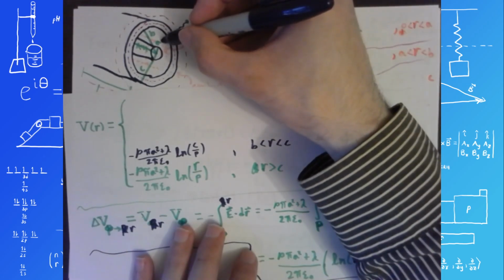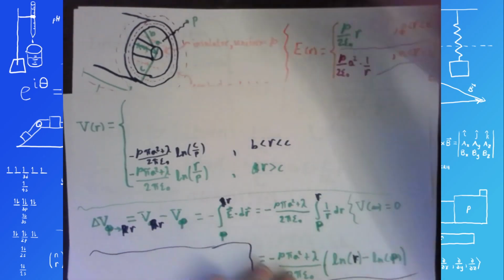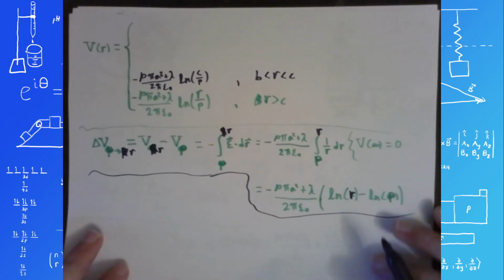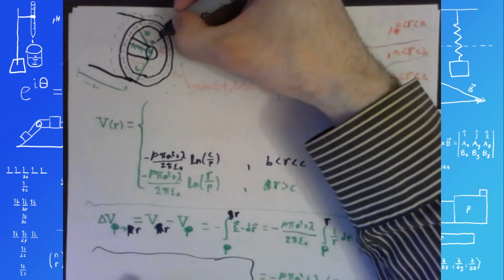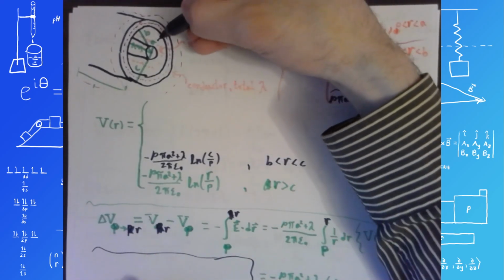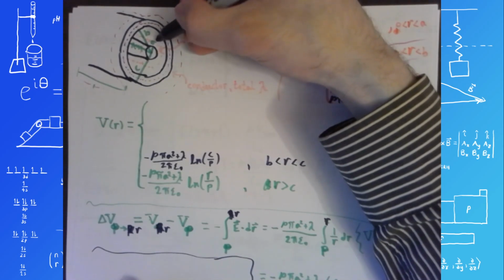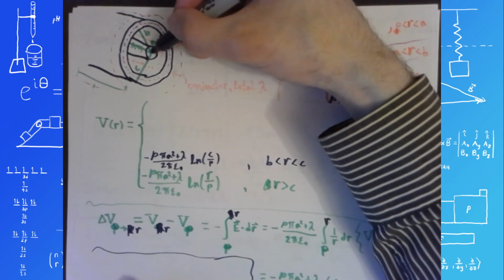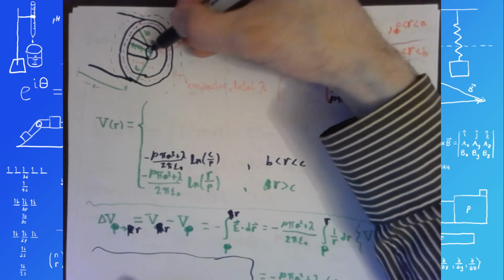Somewhere along the way in here, I want to calculate the change in voltage from when I left the inner surface of the conductor to some random point before hitting the insulator.